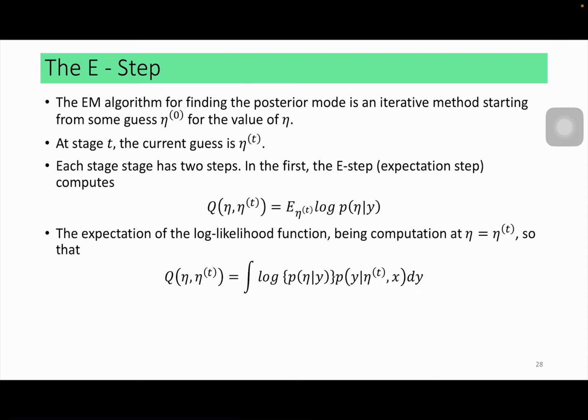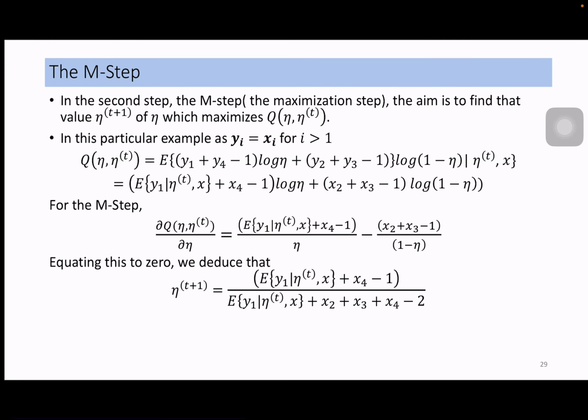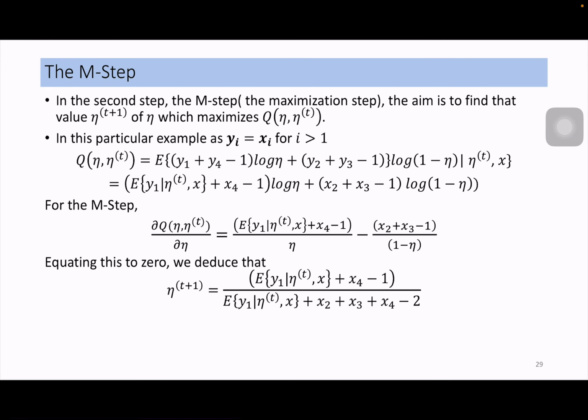The first step is the E step, which computes Q(n, nt) = E[log p(n|y)], the expectation of the log likelihood computed at n equals nt. Then you have integration over the log. The M step is the second step.